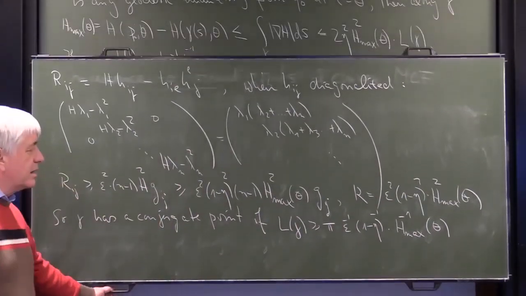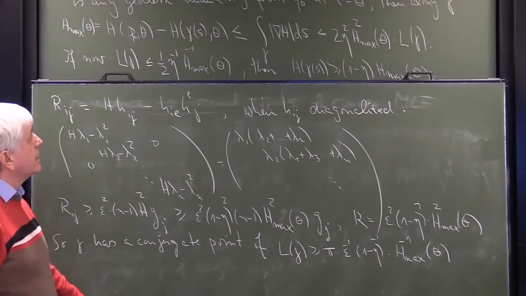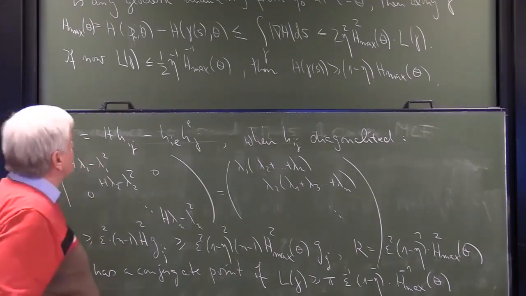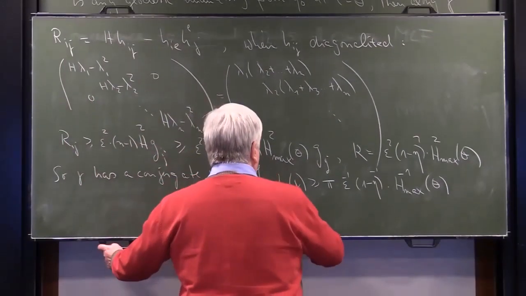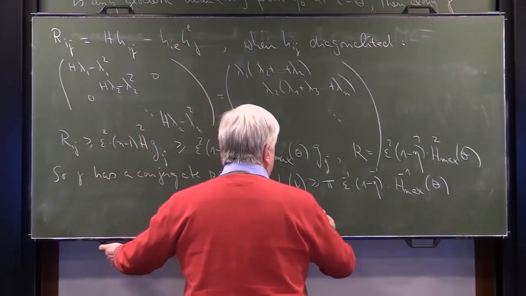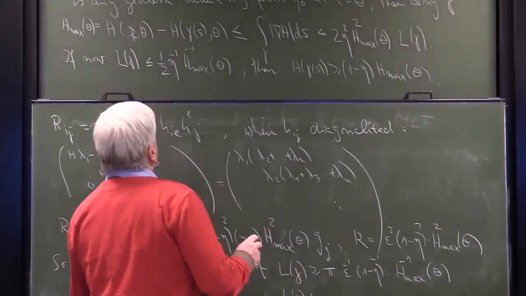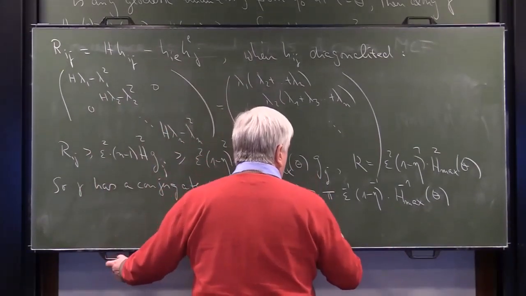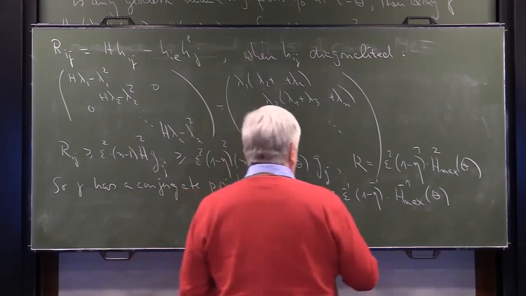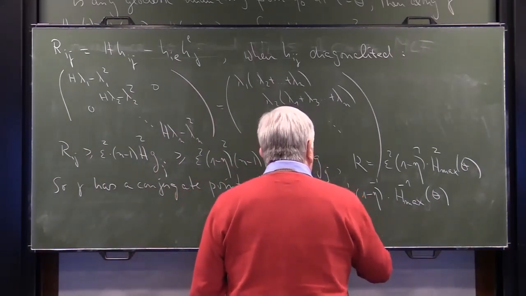On the other hand, we saw that our estimate is true as long as L of gamma is less than 1/2 eta to the minus 1 times h max to the minus 1 at theta.